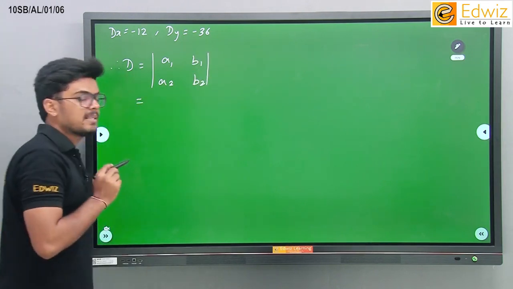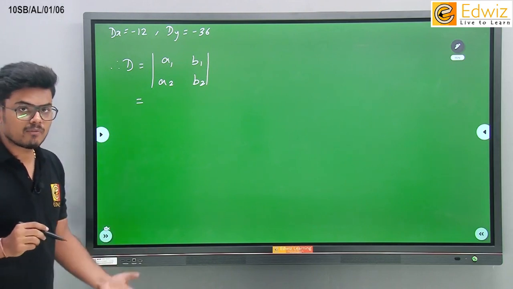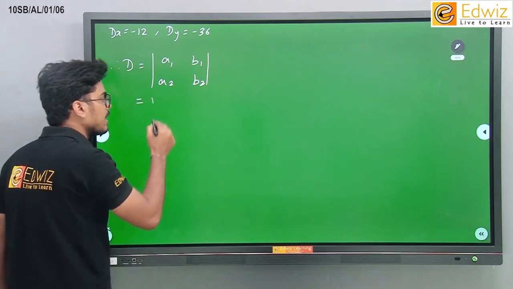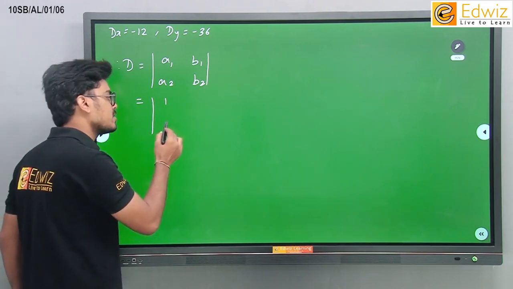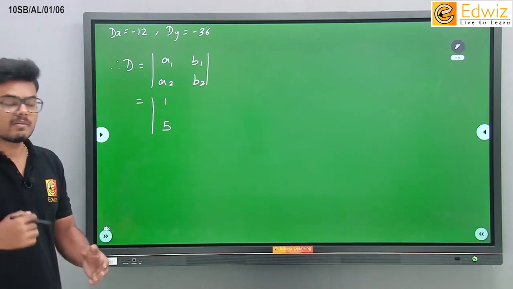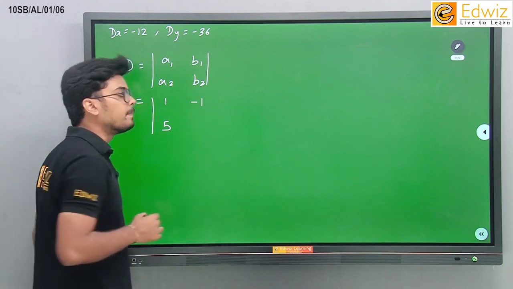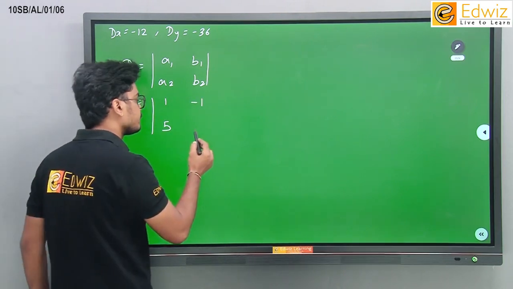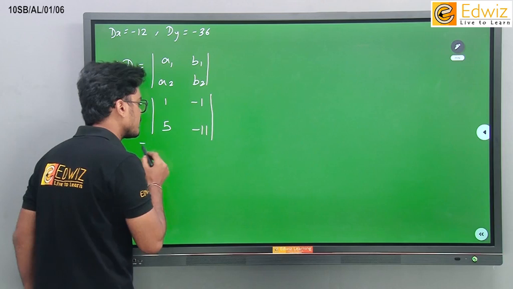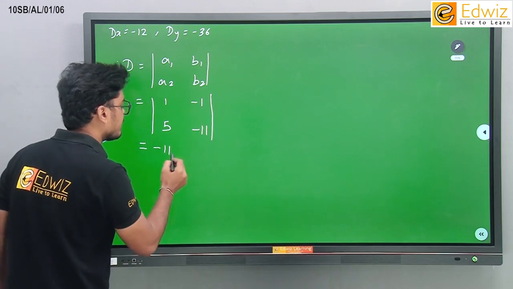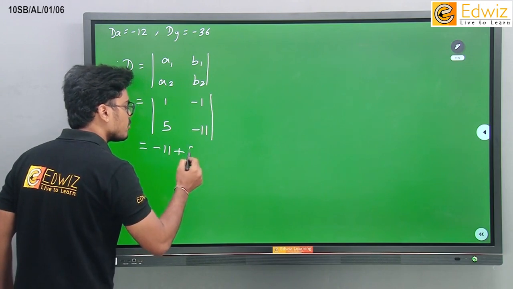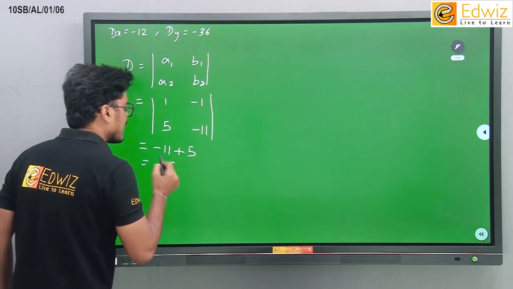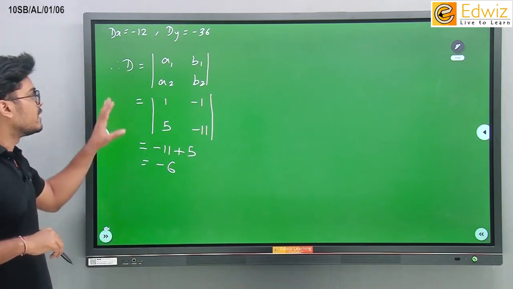Substitute the values of these. a1 coefficient of x in the first equation, that was 1. a2 coefficient of x in the second equation, that was 5, correct? And b1 -1, b2 is -11. Cross multiply this, -11 and -1 into 5 is -5, but there is already a negative sign, so +5. -6 is the value of d.